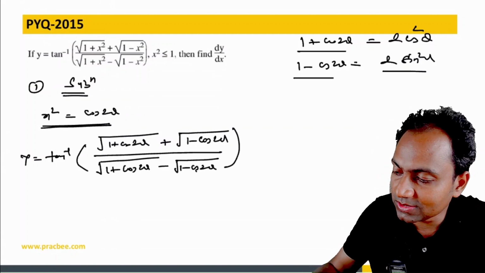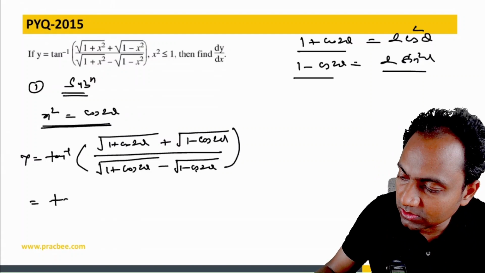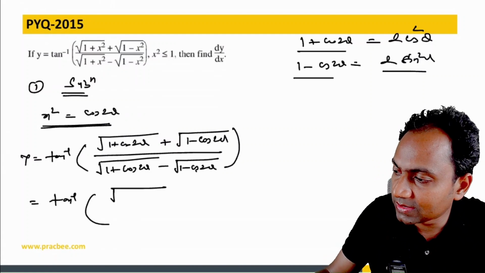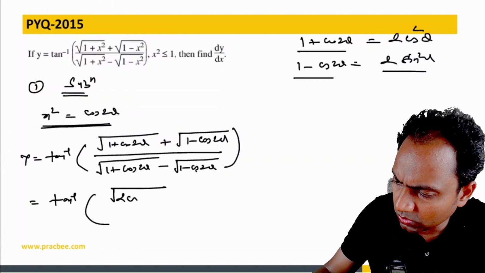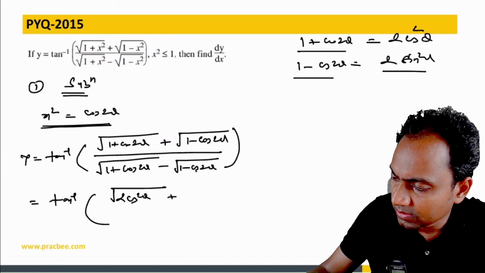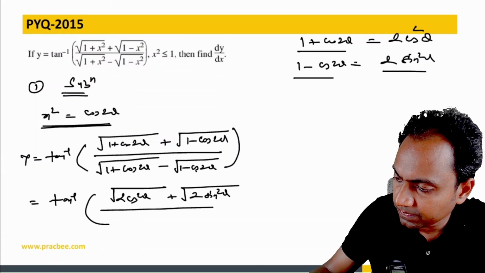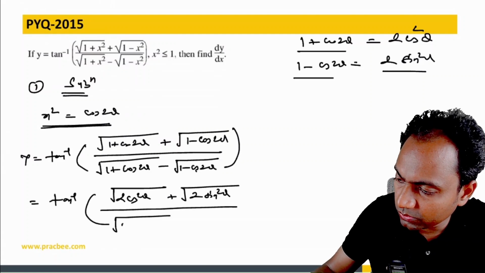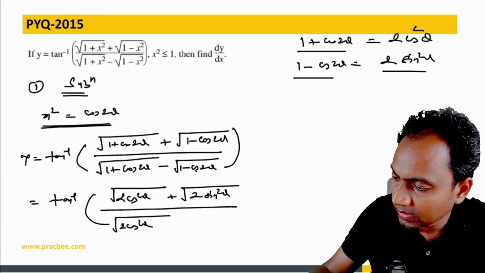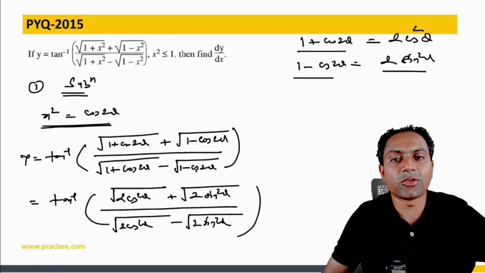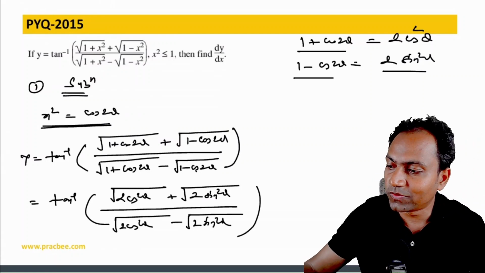And once you have got this, we can simplify this. So it will become tan inverse of (root of 2 cos square theta plus root of 2 sin square theta) divided by (root of 2 cos square theta minus root of 2 sin square theta). Now here also what you can see is that this root 2 we can cancel out.